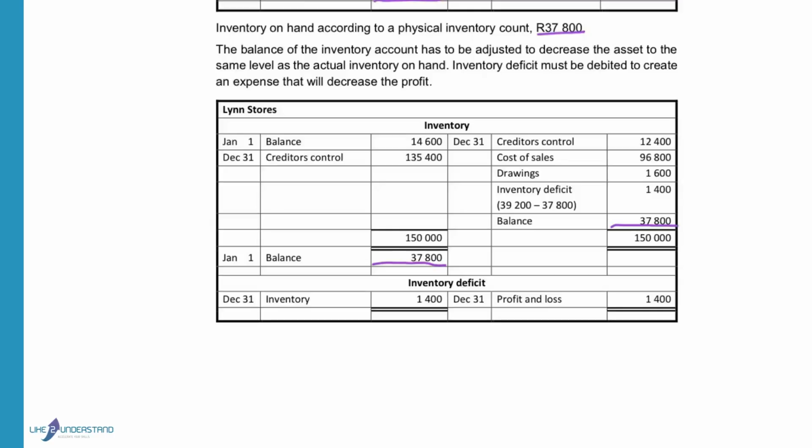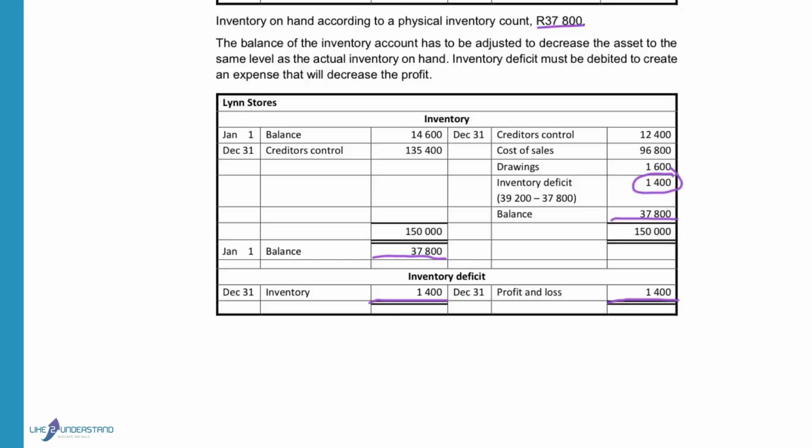So I will add up the debit side, subtract the credit side, and the balancing figure will indicate to me what was the loss of inventory. And I will debit my inventory deficit account to create an expense that I will transfer to my profit and loss account.